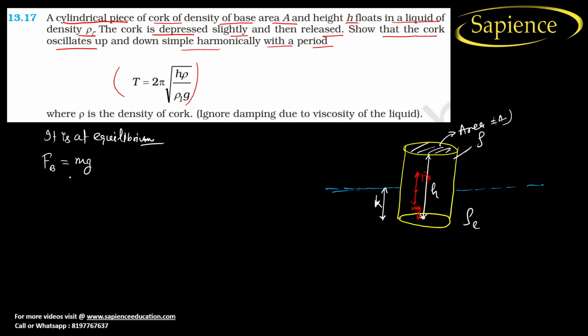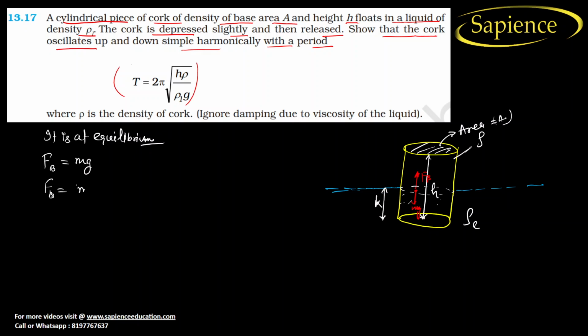Now, what is buoyant force? We know that buoyant force is equal to the weight of the liquid displaced. So how much weight of the liquid is displaced? We need to find the volume, and then take the mass and the gravity.